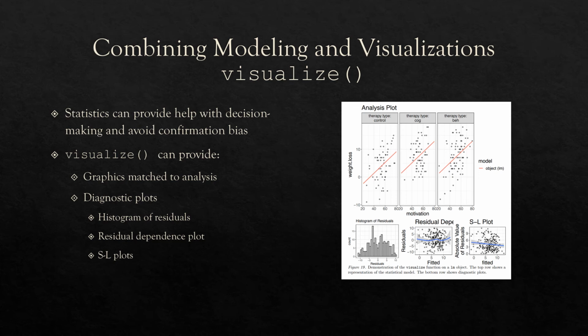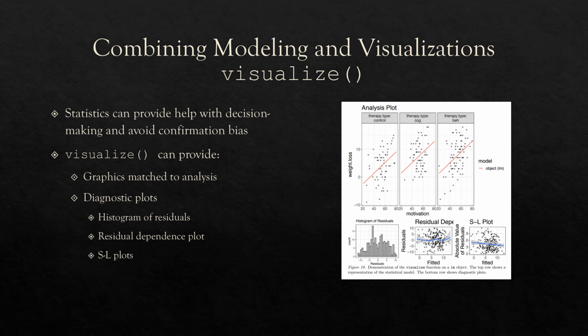Beyond the visualizations that we've already talked about within this lecture, the paper and package also detail various other functions that help the researcher develop the model and pair the model with the visualizations. We don't want to get away from formal statistics, as the numbers can help with decision making and avoid confirmation bias that can occur just by looking at a figure alone.